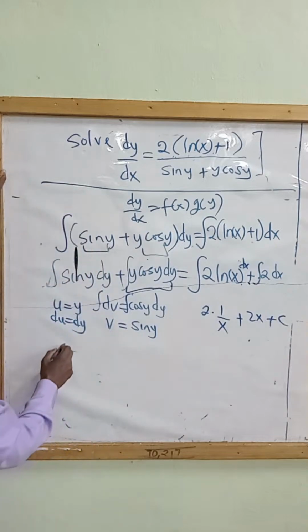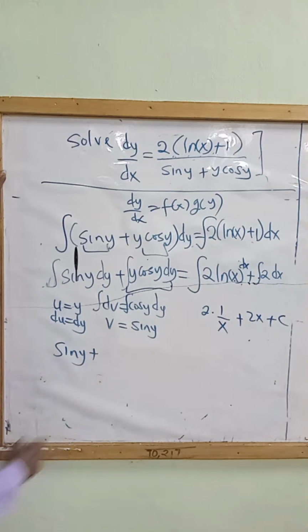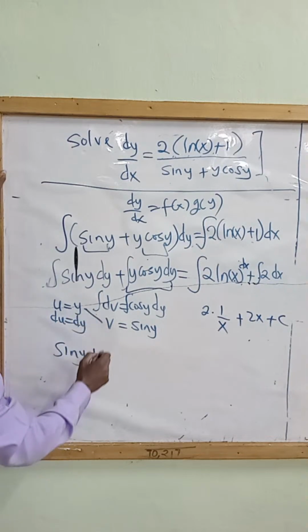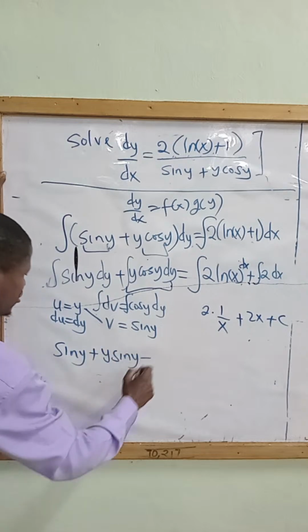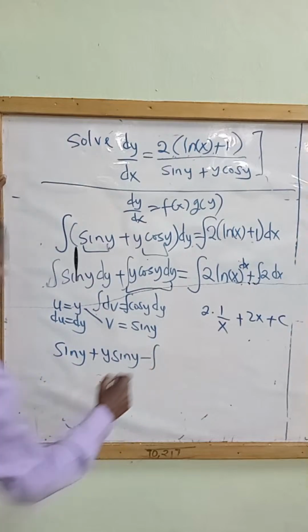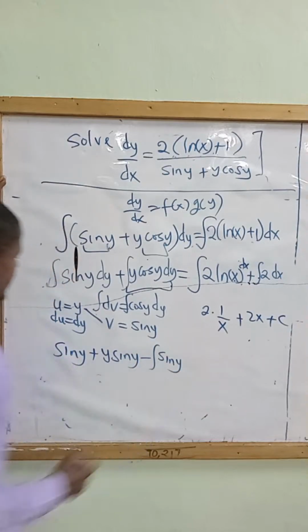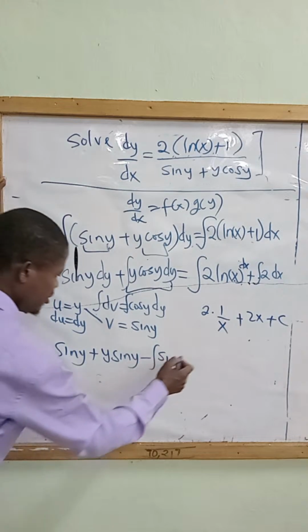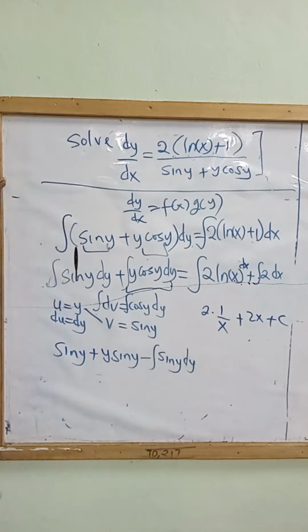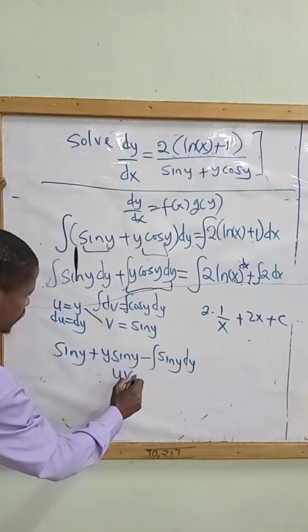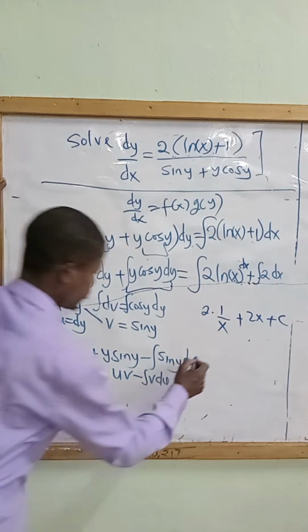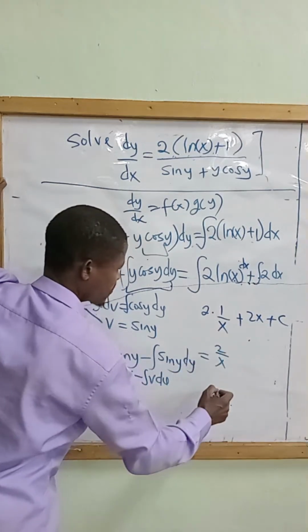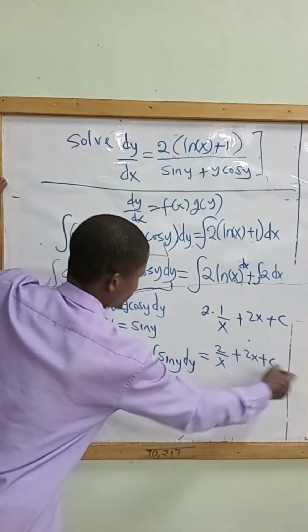So we now have minus cos y plus uv, that's y sine y, minus the integral of v, which is sine y, and then the u is y. I use this equation, uv minus integral of v du. So that's equal to 2 over x plus 2x and then plus c.